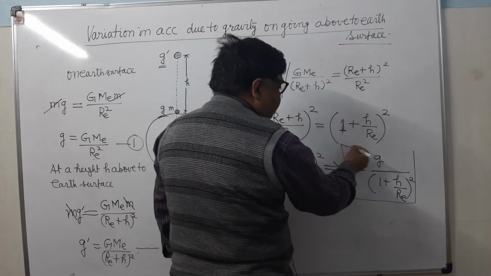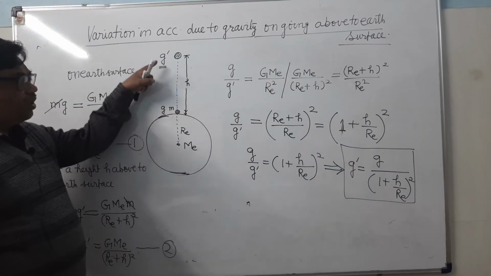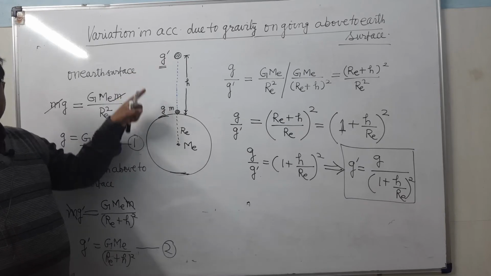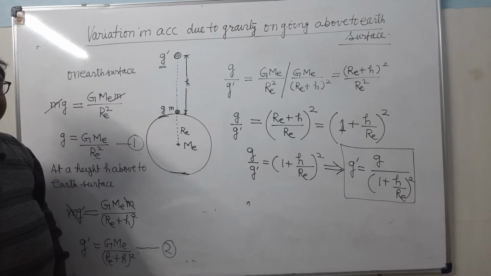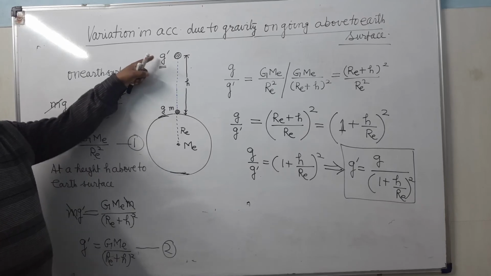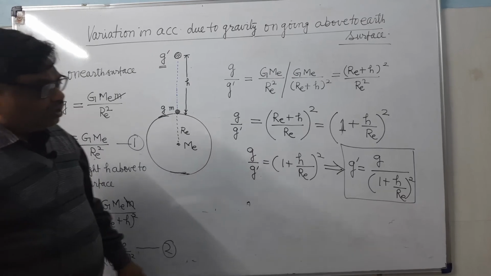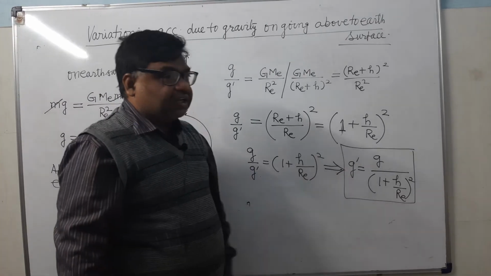Now see here, this is the relation of acceleration due to gravity at the height h and acceleration due to gravity on the earth's surface. g dash is at the height h and g is on the earth's surface. Now we will show here that g dash is smaller than g.